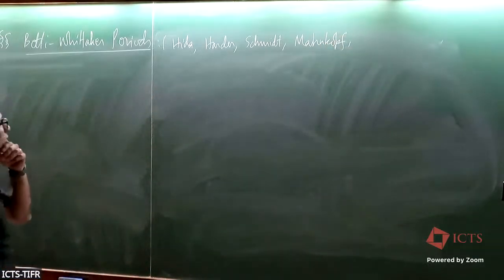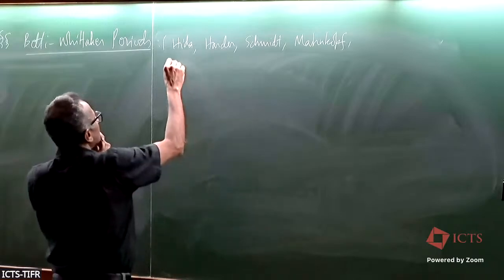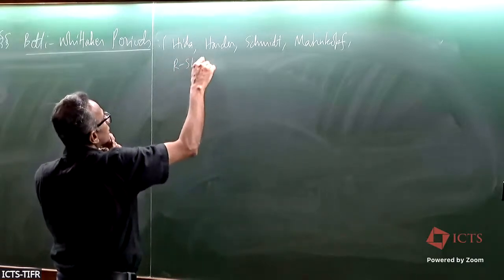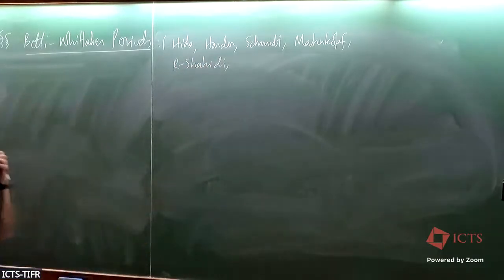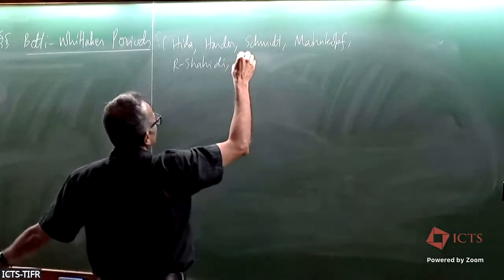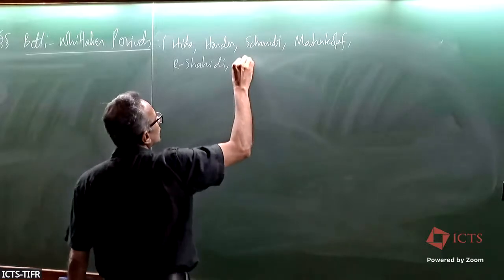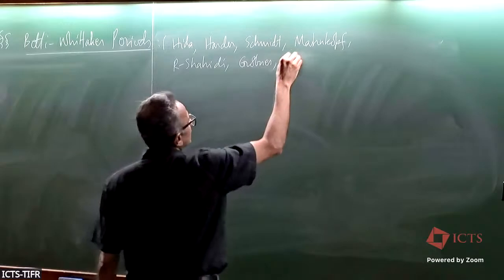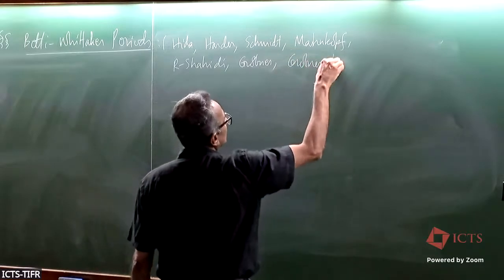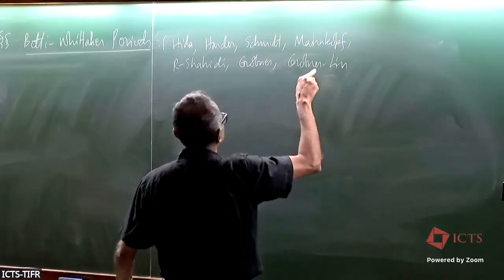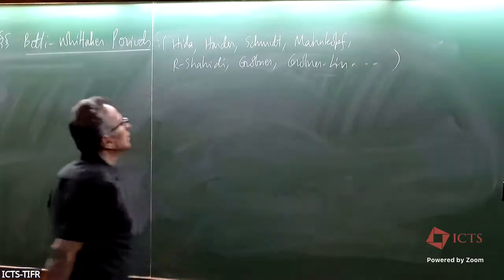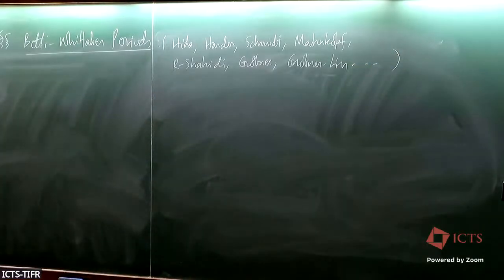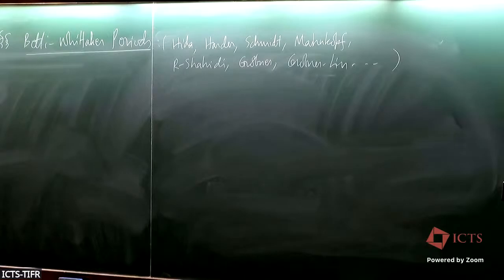Those were for GLN over Q, and then Shahidi and I studied periods of this kind for GLN over a number field and how they behave under twisting. Then a long list of names really. Grobner studied these for isobaric representations, and then Grobner-Lin. I will say something about Grobner-Lin, and I might have missed some names. My apologies. Lots of people have studied and used these periods.